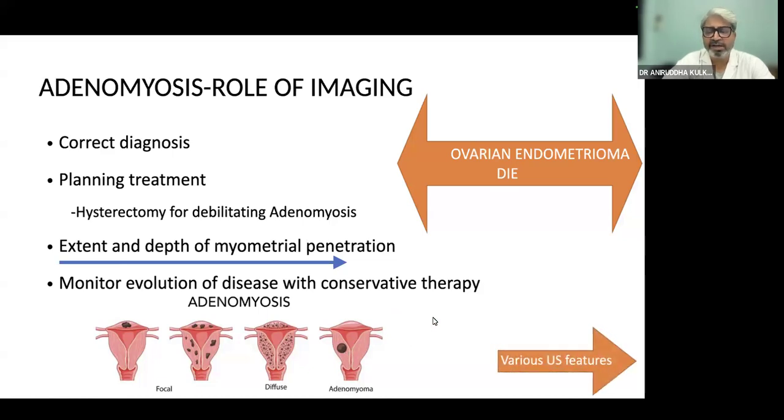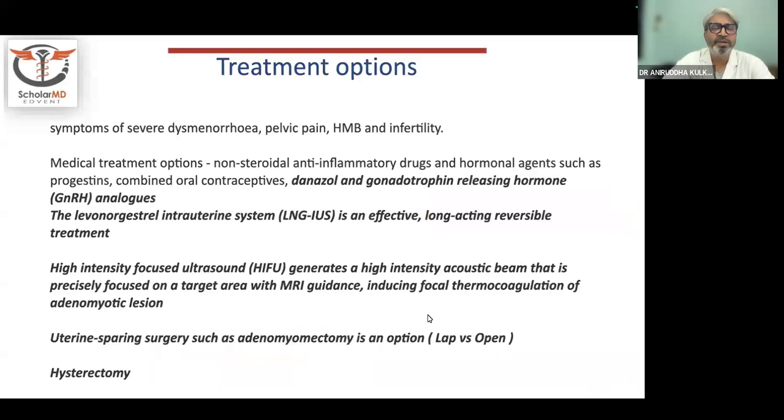What are the various ultrasound features of adenomyosis? We will see in the next few slides. The treatment options, particularly for severe dysmenorrhea, pelvic pain, severe bleeding and infertility, could be medical treatment, high intensity focused ultrasound, uterine sparing surgeries, and the definitive hysterectomy surgeries, out of which danazol and gonadotropin releasing hormone, GnRH analogs, are the mainstay of medical management.